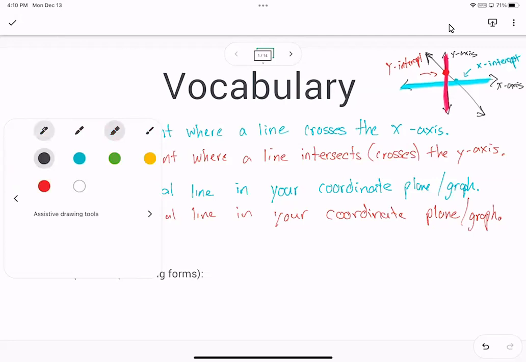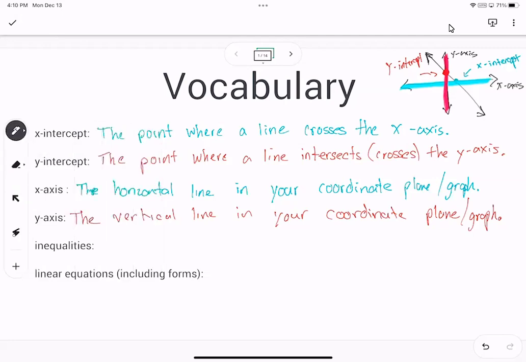Inequalities. Now, we talked about this a little while ago, but inequalities are values that may not be equal, so are not equal, or sometimes they could be, but they're usually greater than or less than.